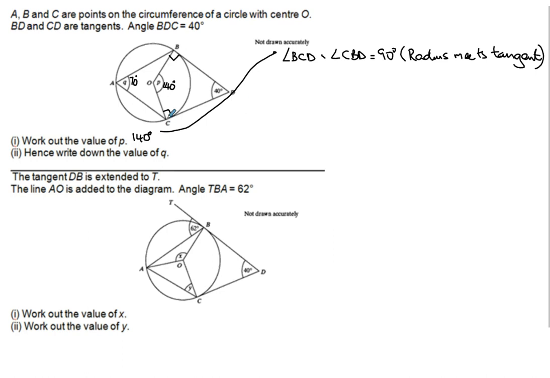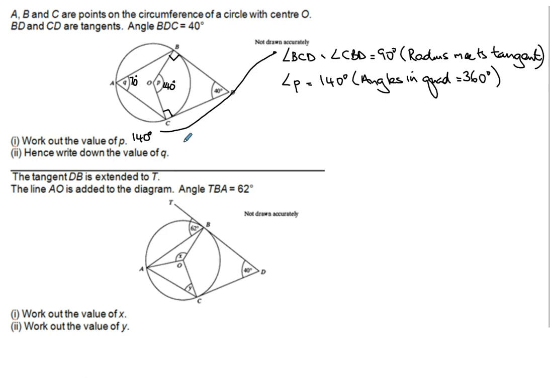So those two are 180, and then you just go angle P equals 140, angles in quadrilateral, I'll just put quad, equals 360. As easy as that.